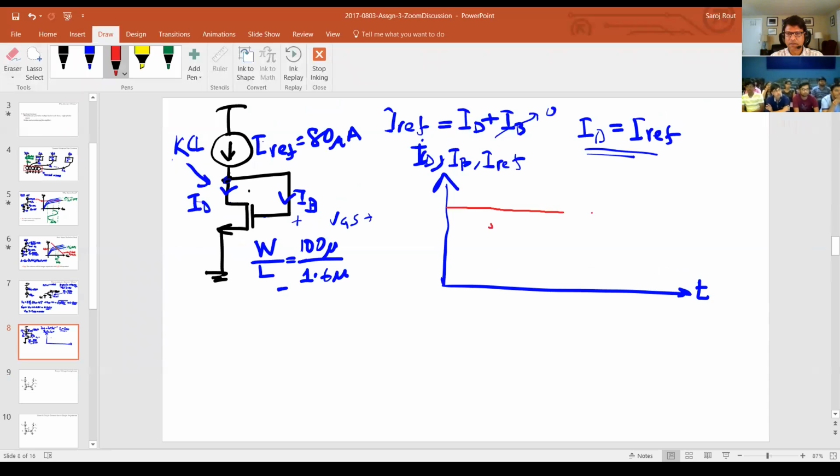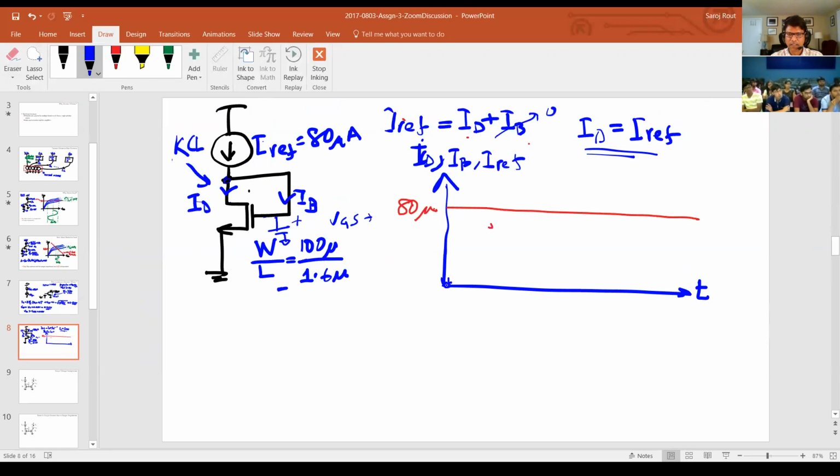IREF is this 80 microamp here. And this IREF has to be equal to ID plus IB. So when we first start, let's say this is your drain current. When we first start, the drain current is actually 0. So what will happen is all the current is going to flow into the gate and charge this capacitor here, right?